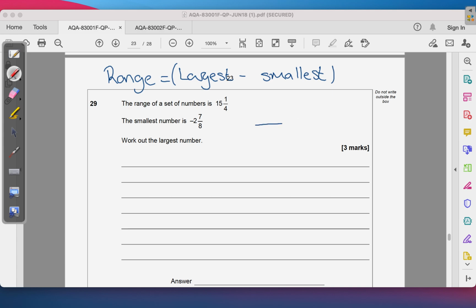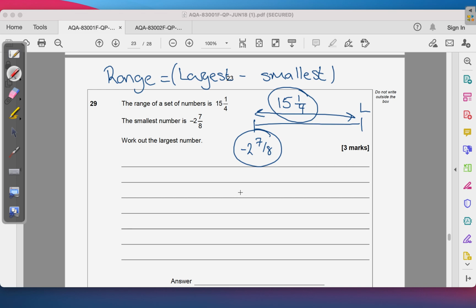Okay, so if you've got two numbers, so you've got, let's say, minus 2 and 7/8, our largest number is here. I'm going to call it L. This distance here is 15 and a quarter. So to work out this, we just need to add 15 and a quarter onto minus 2 and 7/8. Okay, that's what we're doing.